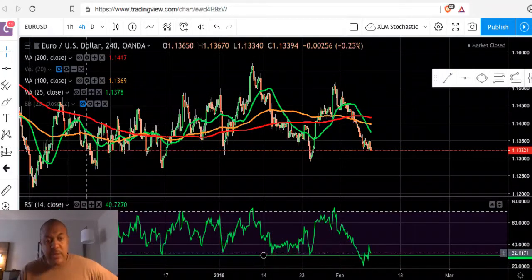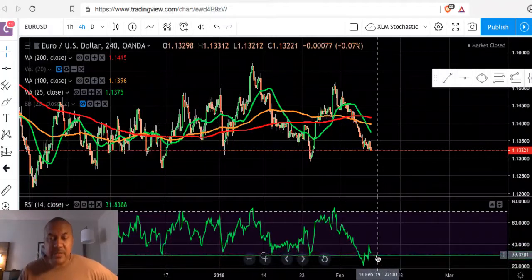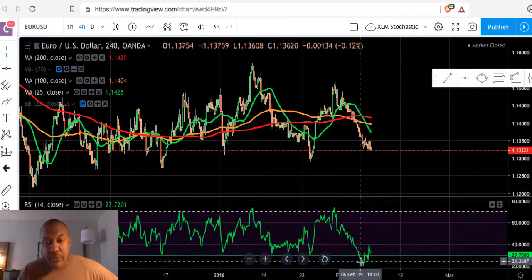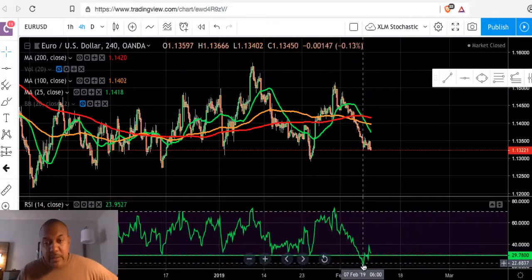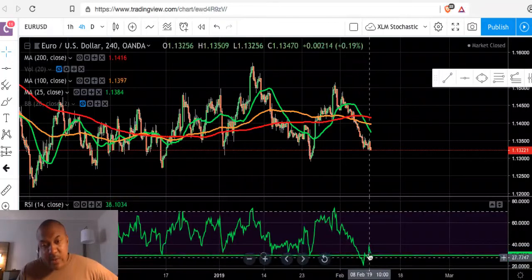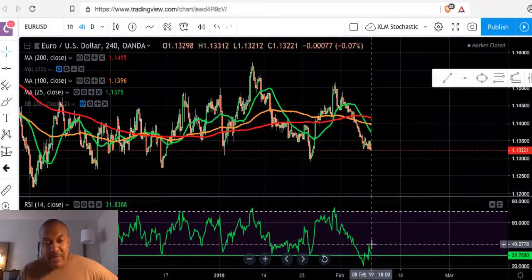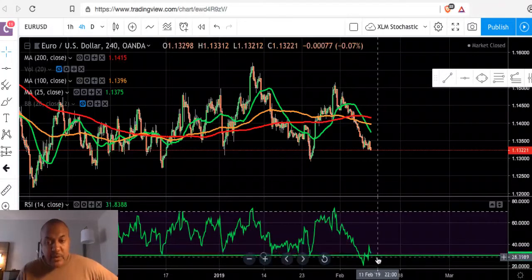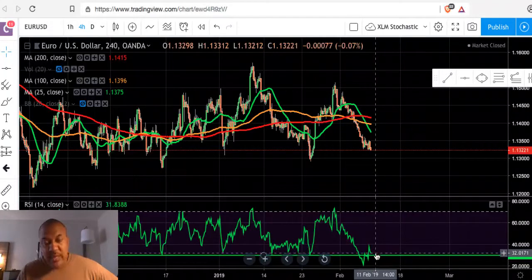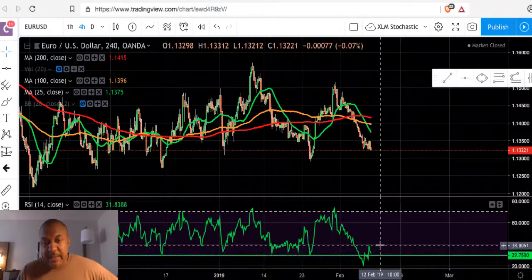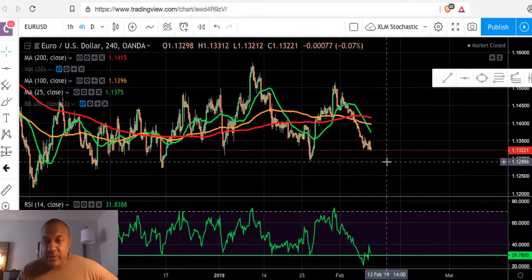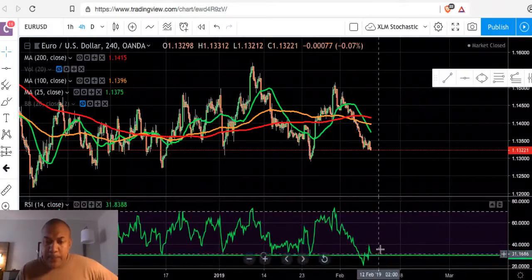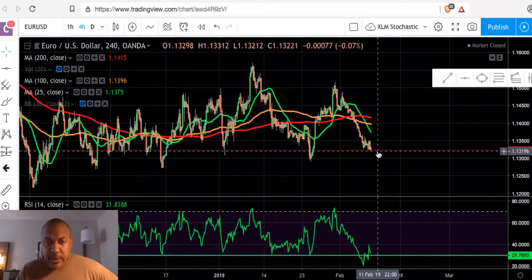So you can clearly see that this level is significant. So we broke through that initially, but now we started to make our way up and we came back above that line. So what we want to look at now is to see if we hold this level of support. If we do, then we should be looking at a trek up of several hundred pips. So this is what we're going to be looking for right now.